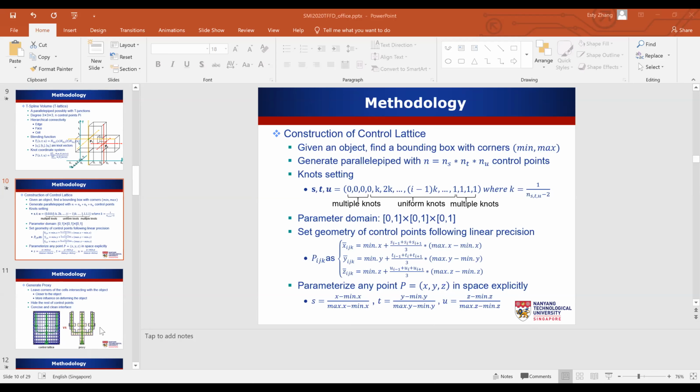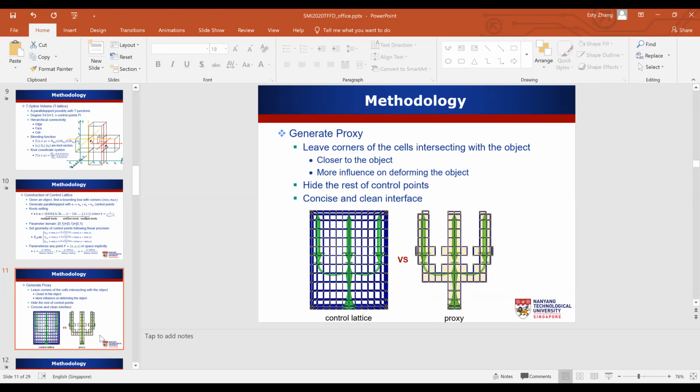Yeah, so actually, given an object, we first construct a parallelepiped control lattice. But after that, we just show the proxy to the user so that the user can manipulate the proxy in a more concise and cleaner user interface.